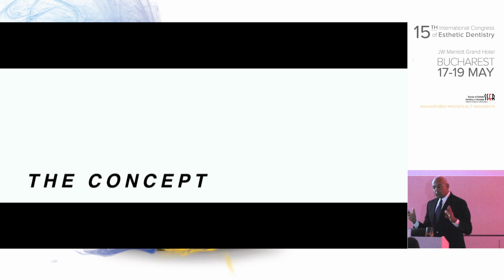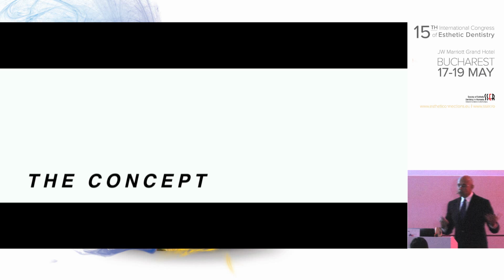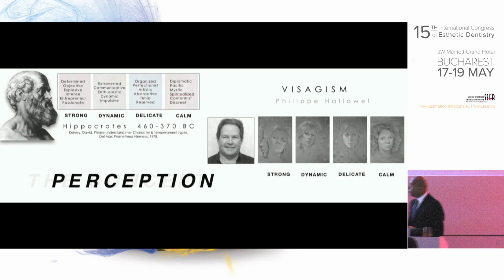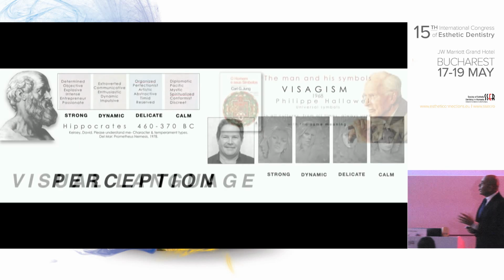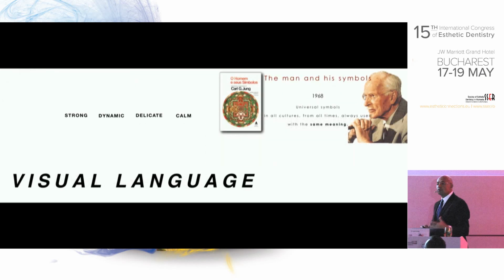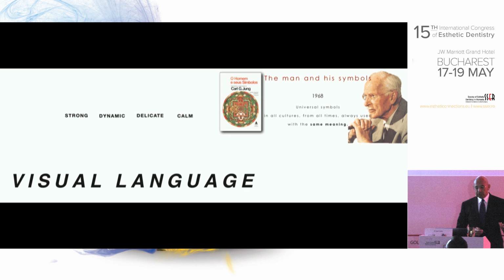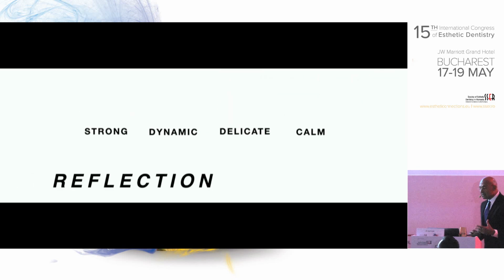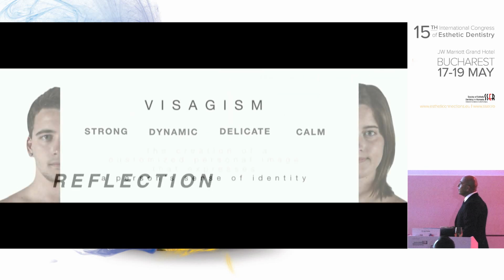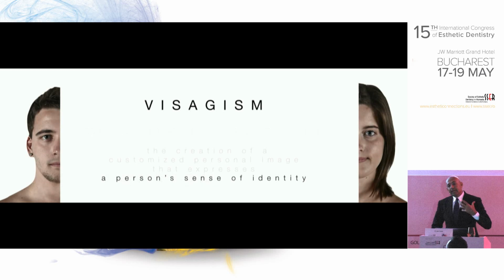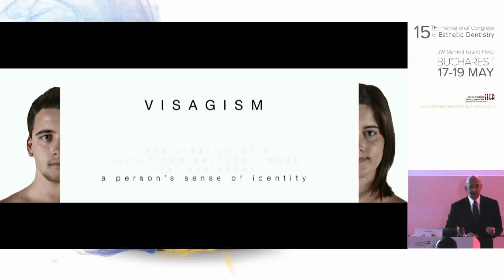So the concept we hoped would work in those days would be a combination of the personal traits and Philip Hallowell's visagism concept, together with Carl Jung's visual language, blending all these and seeing the reflection of this in how we can get the patient perceived as they want.